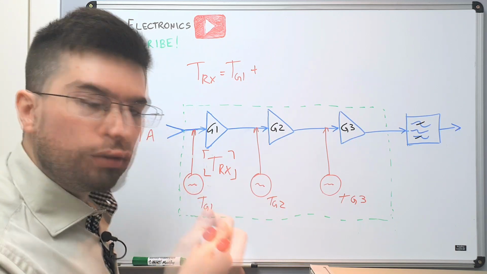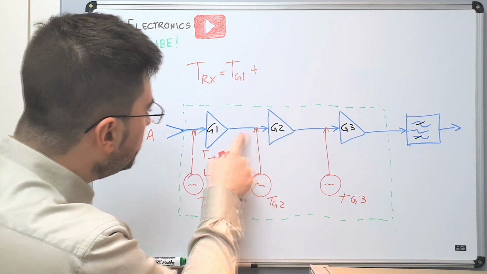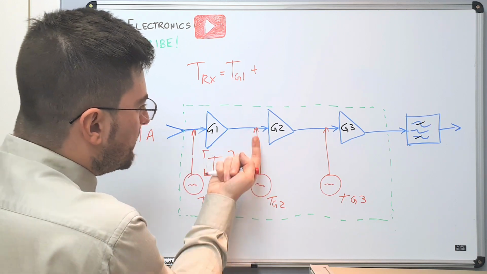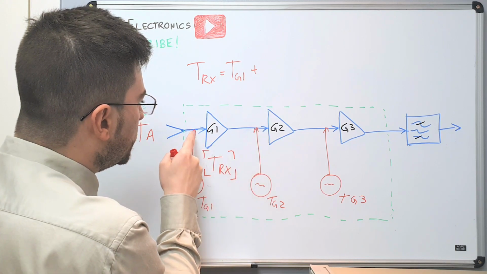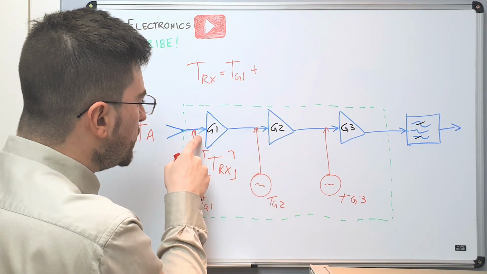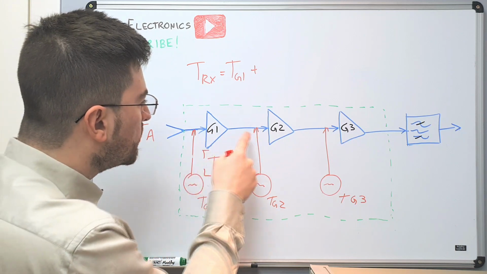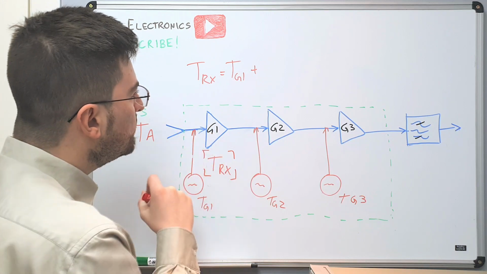How are we going to refer this noise to the input? We need to remove this amplification step. Do you agree with me? Look at this. As this noise temperature is added here and we need to refer it to the input, if we are referring from the input, it appears here amplified by the gain block 1. So to take from here to here, we need to divide by the gain.